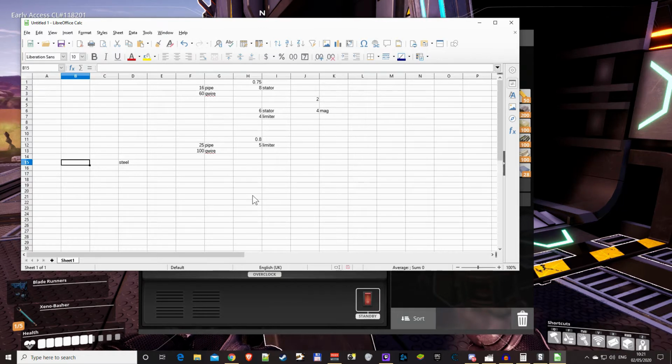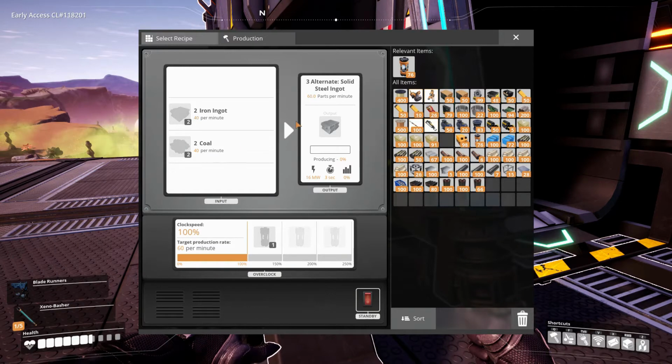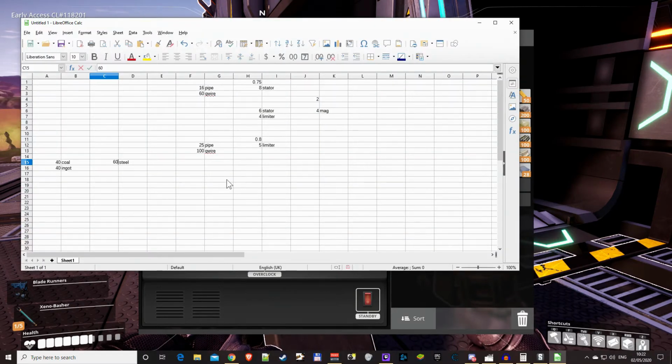Steel uses coal and ingot. It's a very complicated recipe for the calculations, and the quick wire is still ingots.